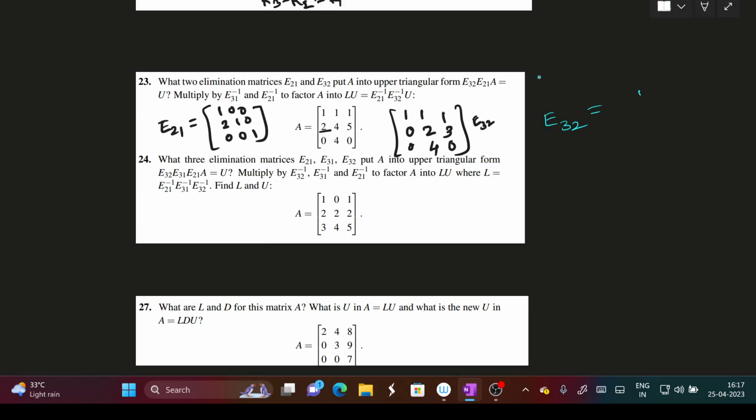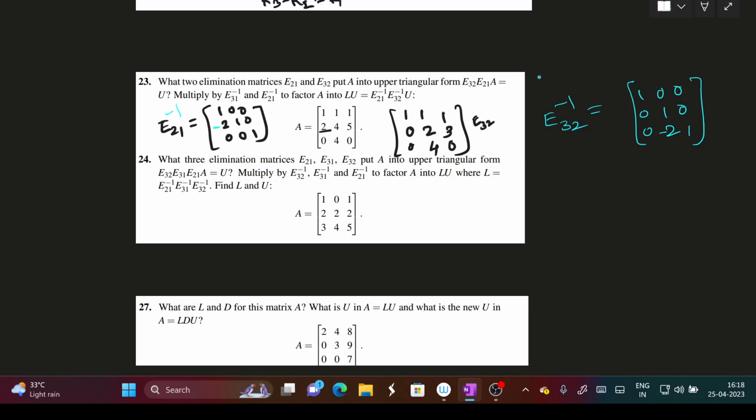E32 is equal to 1 0 0, 0 1 0, 0 2 1. This is my E32. And what are their inverses? If the inverse is required, write minus here. So substitute these in the given steps, and you will get your desired result.